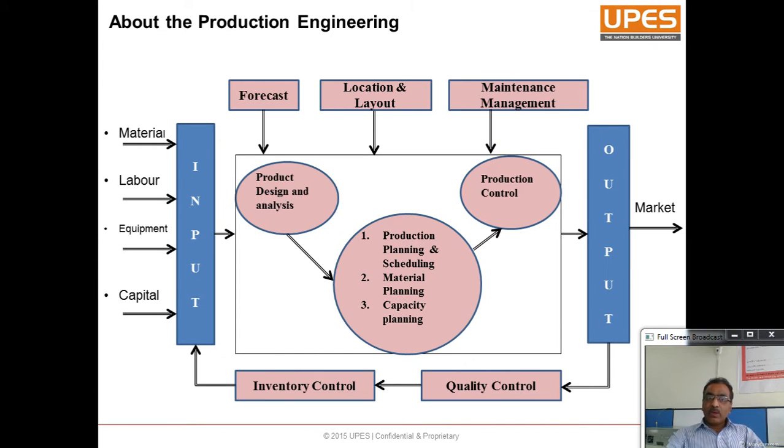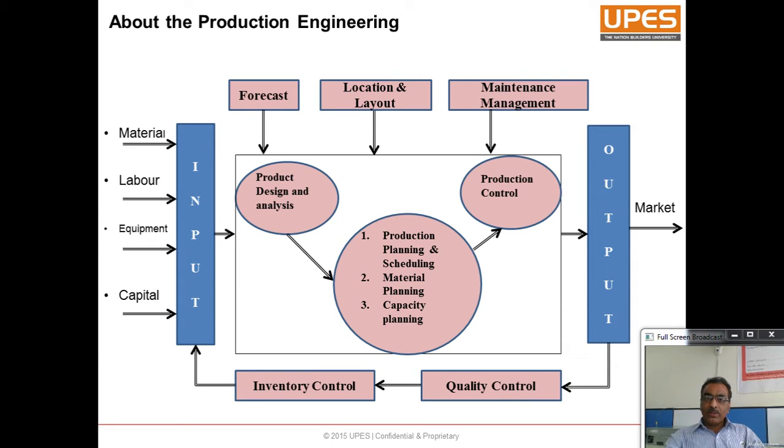Now, just to give you an overview of production engineering, I am coming up with a simple flow chart. As I just told you, production means a conversion of raw material into a finished product.